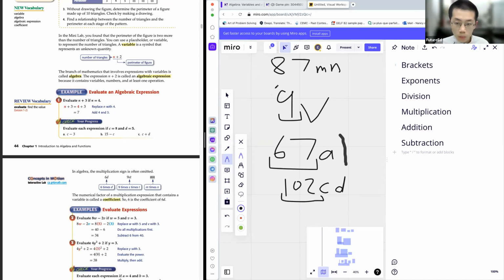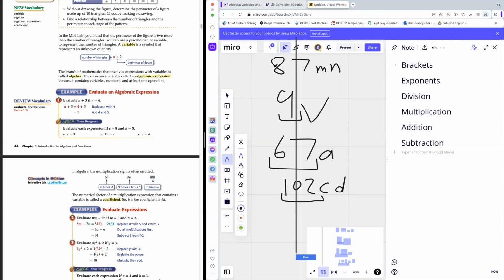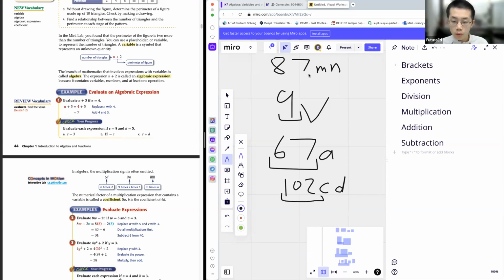What is its coefficient, or the numerical part, not the variables? You see that M and N are both letters, right? But 87 is a number. So 87 would be the coefficient of 87 MN. Do you see that, Nicole?